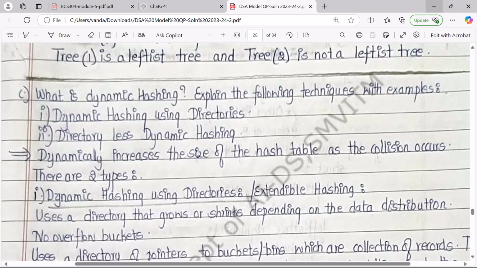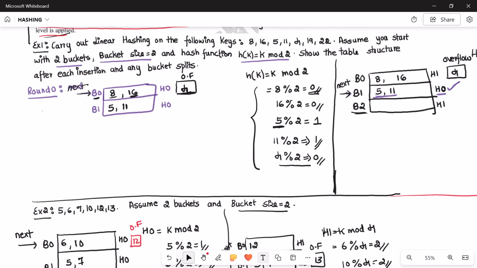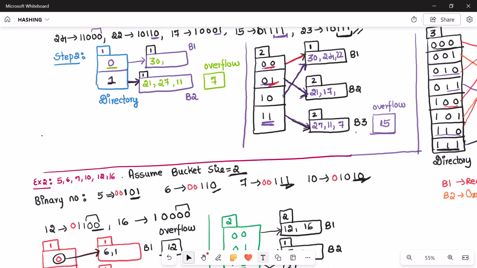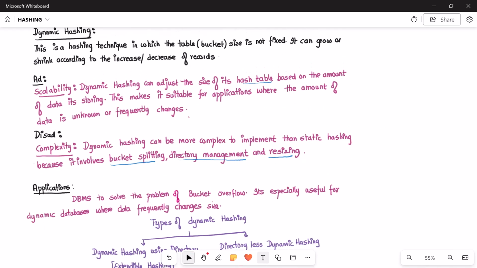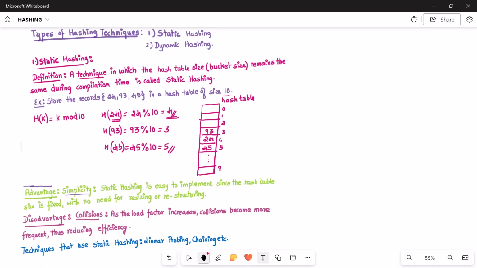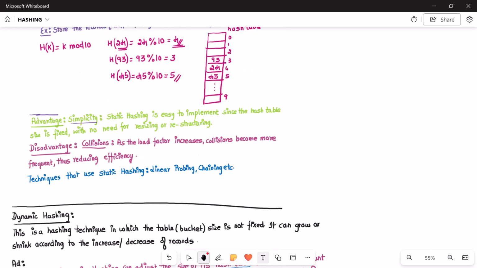I hope you will be able to watch this particular video and learn all the things. Whatever we have learned, go through it clearly. Take up your own examples and check if the answers are coming correct. So we started with types of hashing technique: two types, static and dynamic, their definition, advantage, disadvantage.